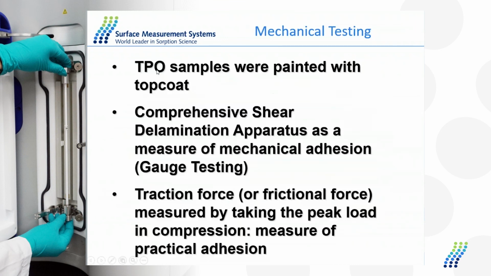So these polyolefin TPO samples were painted with a top coat, and our collaborators at Ford at the time did some comprehensive shear delamination testing as a way to measure the mechanical adhesion. So the inverse GC data would look at the thermodynamic or the predicted adhesion, and then the shear delamination apparatus would measure the mechanical adhesion.